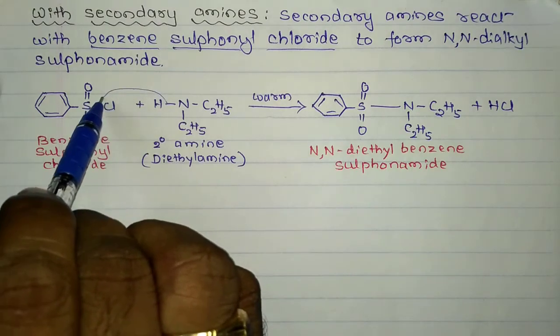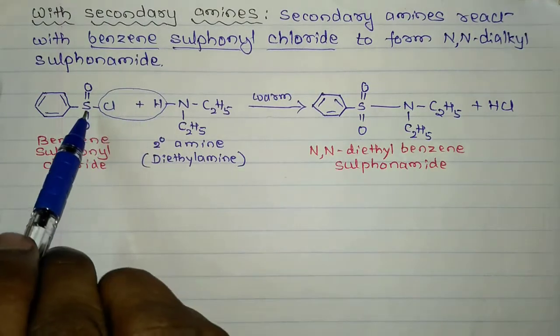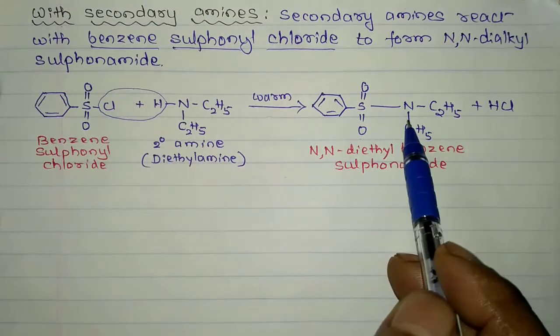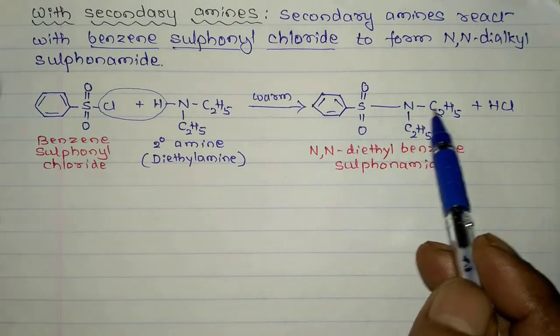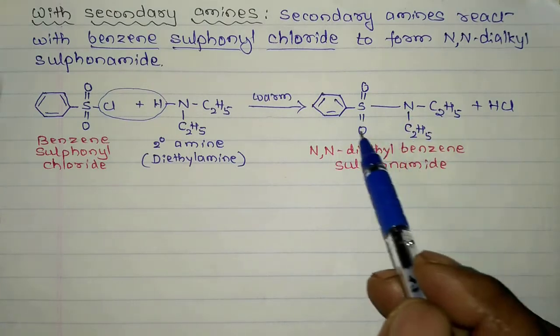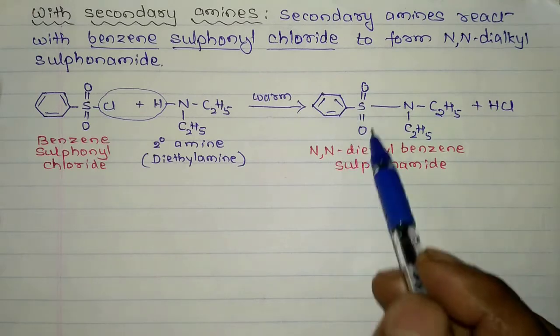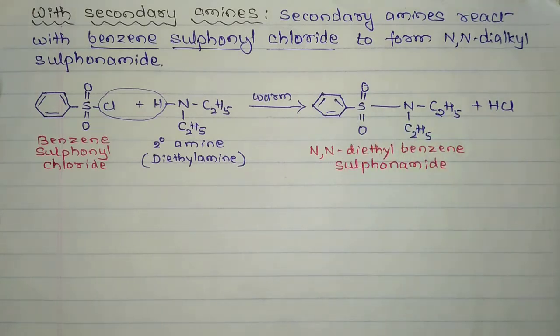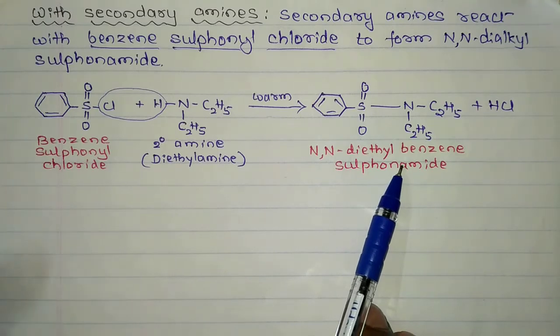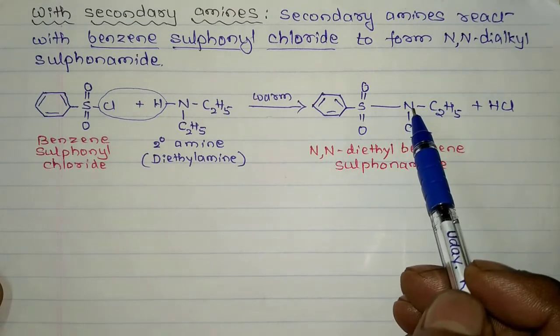Eliminate a molecule of HCl like this, and this links the sulfur to nitrogen. This is N,N-diethyl benzene sulfonamide. This dialkyl sulfonamide does not contain hydrogen on nitrogen.